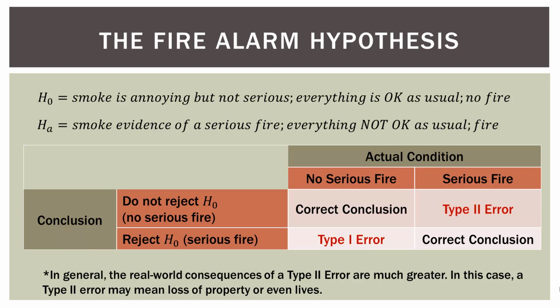But it turns out there's no serious fire. Well, pulling the fire alarm is going to be a very big inconvenience to everyone in the building. But we pulled the fire alarm because we'd rather be safe than sorry, right? So the minor inconvenience of the fire drill is no match for the consequences of type 2 error.